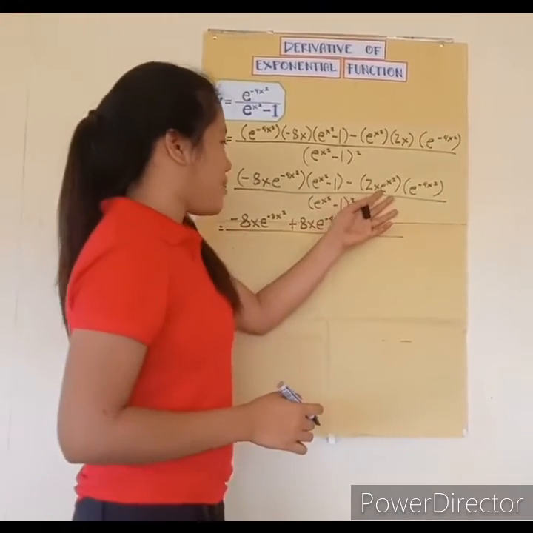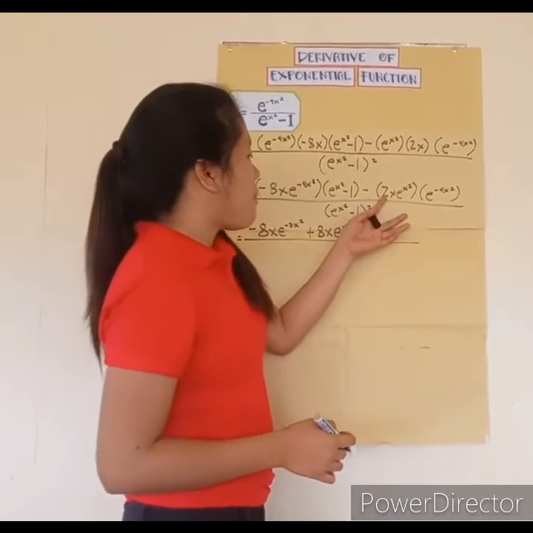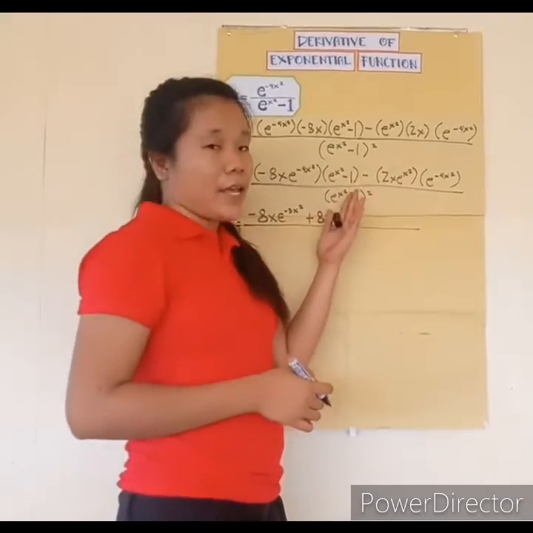Then 2x e to the power of x squared times e to the power of negative 4x squared will become positive 2x e to the power of negative 3x squared.